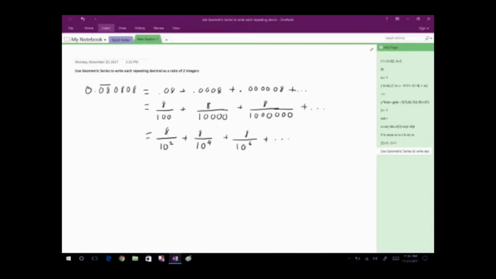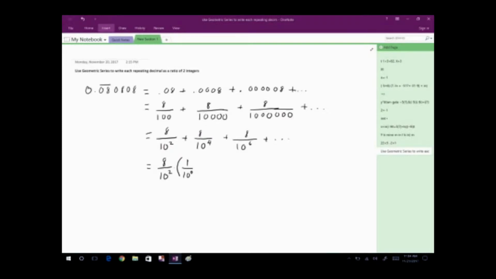Now, what do each of these numbers have in common? We can factor that out, and that common factor would be 8 over 10 to the 2 power. So if you factor out 8 over 10 to the 2 power, for the first term you only have 1 over 10 to the 0 power.